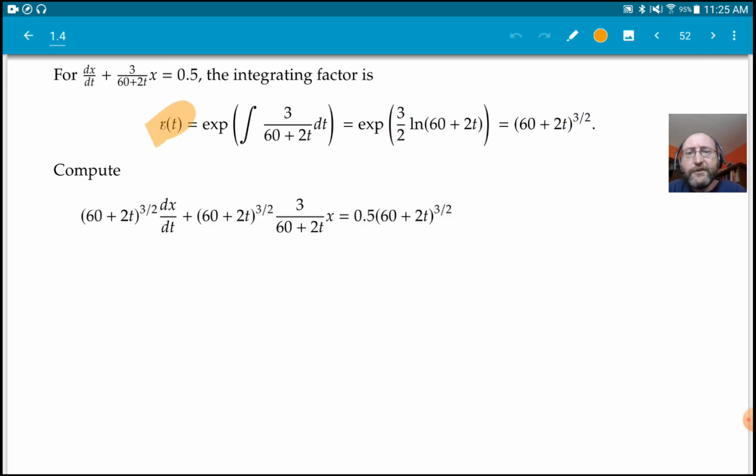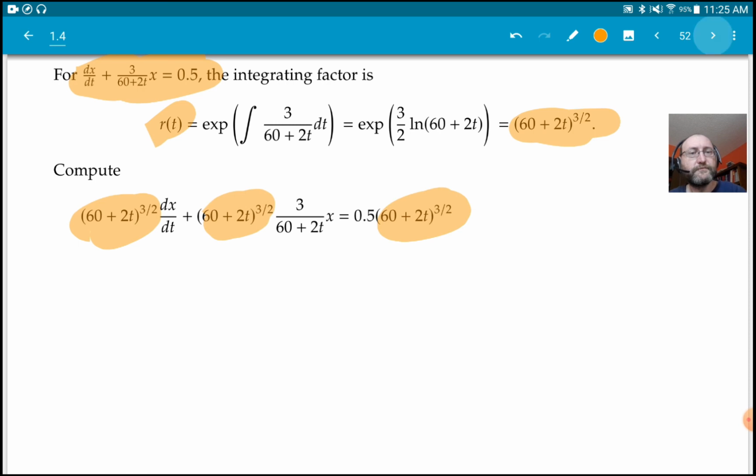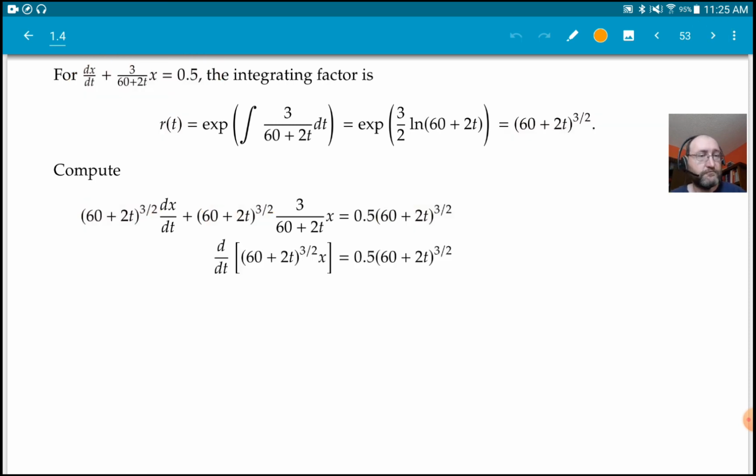So you have what r is. It's 60 plus 2t to the 3/2 power. So we multiply our equation by that, and we make the left-hand side the derivative of a product.